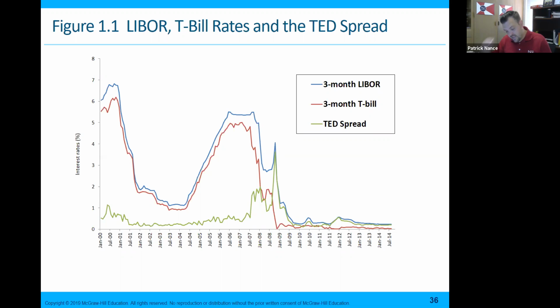Yeah, so you can see that the LIBOR, which is the London interbank offered rate, so it's the rate that they're lending at in London, versus the T-bill rate, which is the rate that we're paying on T-bills, which is real close to the prime rate, which is the federal government's rate for the Fed. You can see that there was becoming more and more of a substantial gap as we approached the economic turmoil in 2006 and 2007.